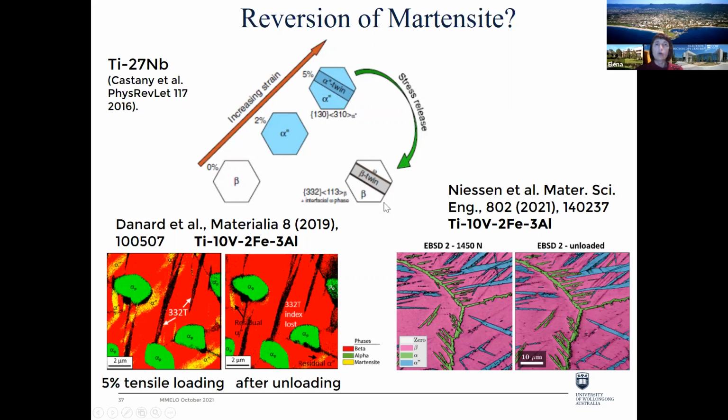So I think it's not only the type of alloy in which martensite is forming, but also how far you loaded your martensite, and whether any other changes in martensite structure took place that prevent easy reversion of the martensite. But I think this is an interesting topic that requires further studies in situ.